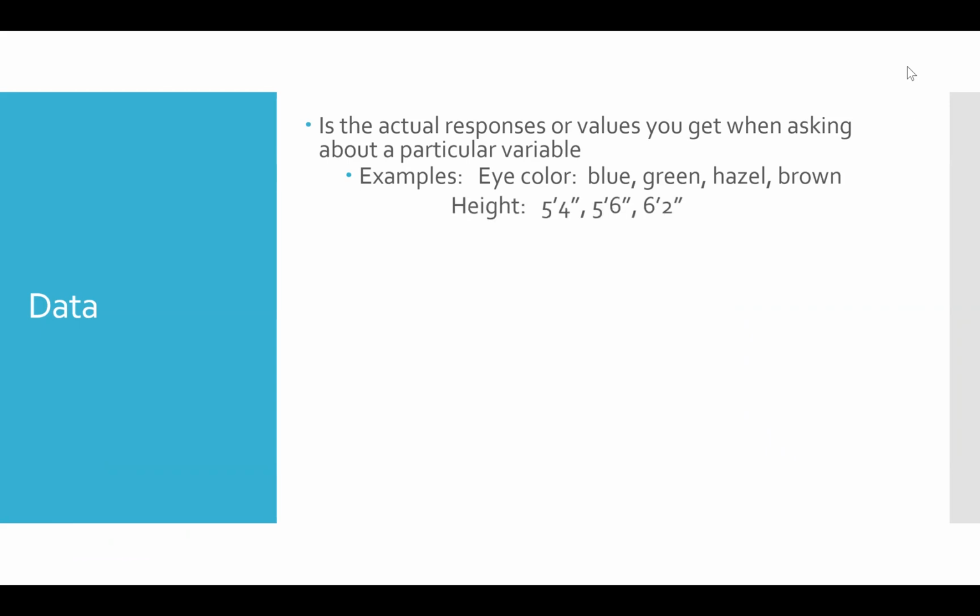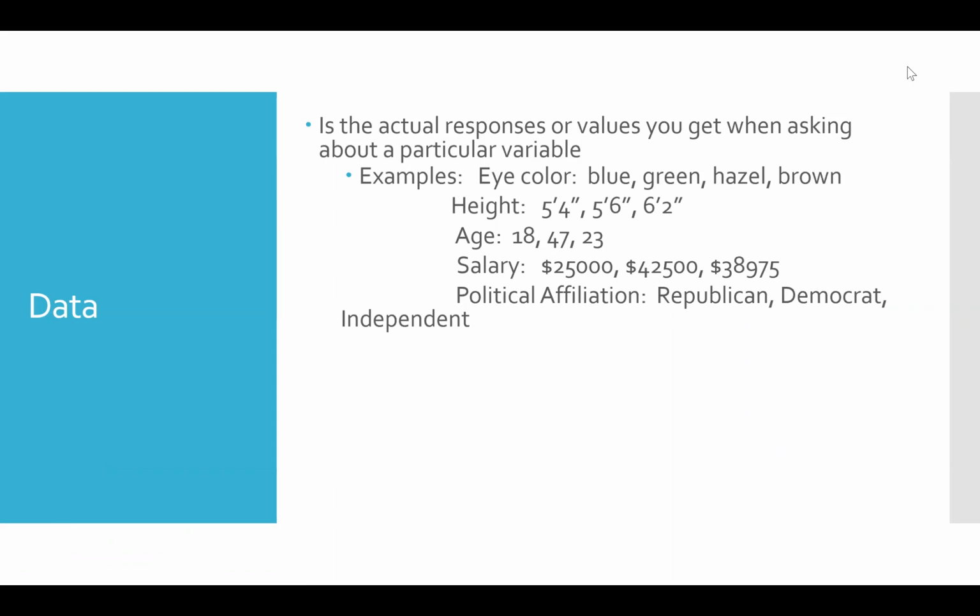I could ask you for your height. I could ask you your age. I could ask you your salary, although that's typically not appropriate to ask someone that. I could ask you your political affiliation, which your responses would be Republican, Democrat, or Independent, most likely. But again, the data that we collect is the actual responses.